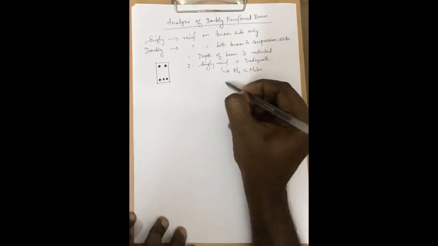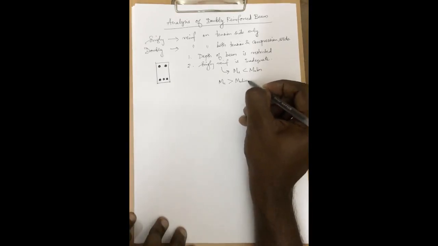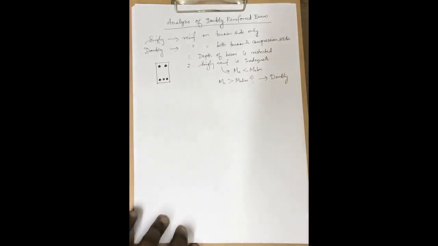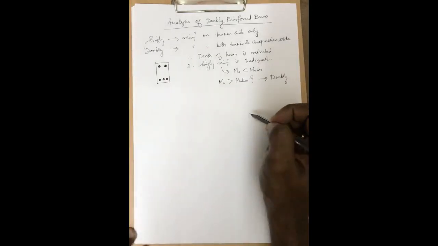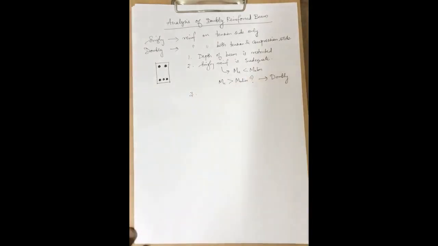But what happens when Mu exceeds Mu limit? In such situations, we provide doubly reinforced beams.